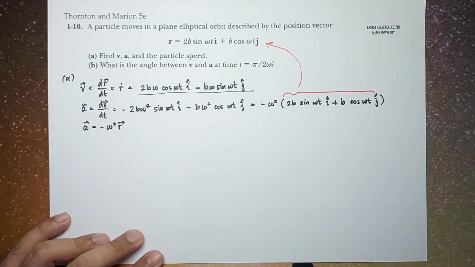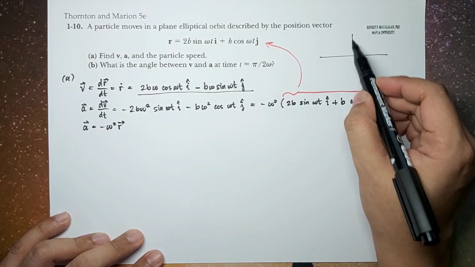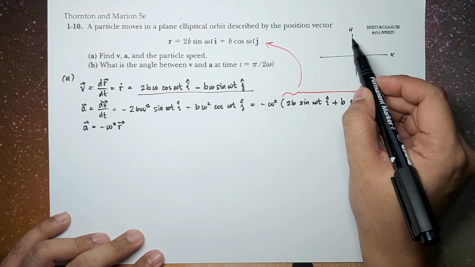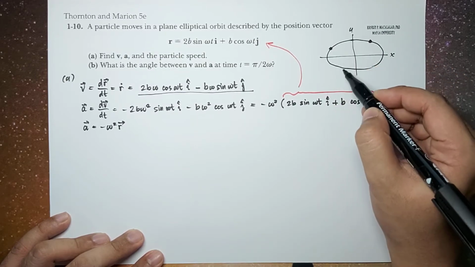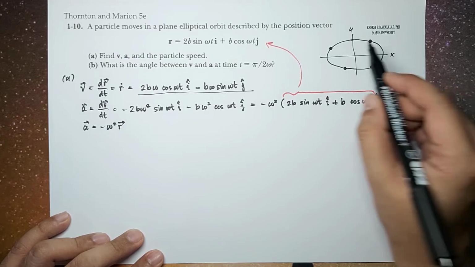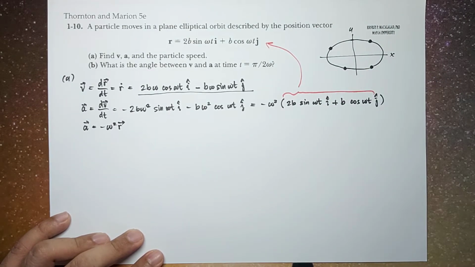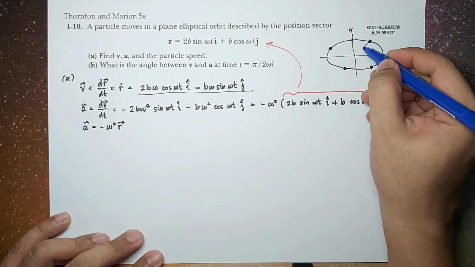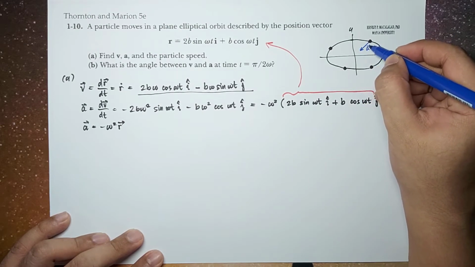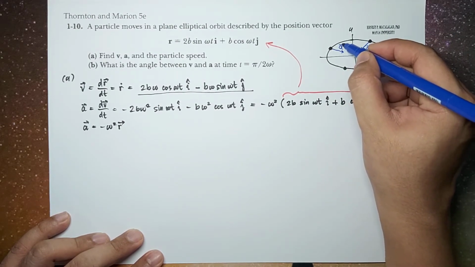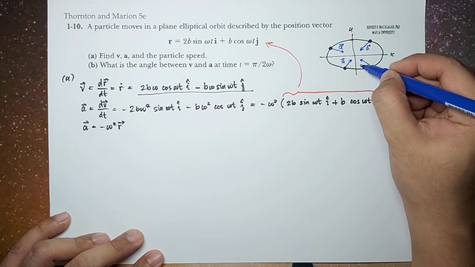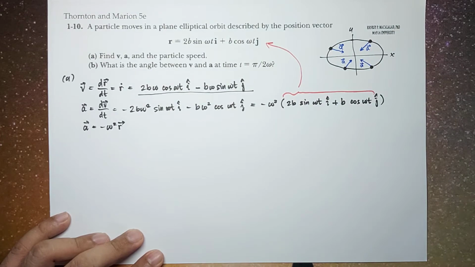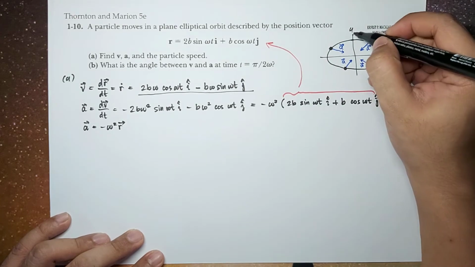So for example, if this is your elliptical orbit, anywhere in the orbit, the acceleration will always point towards the center, regardless of the position of your particle along that elliptical orbit.